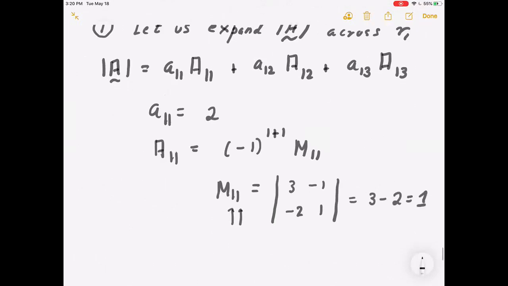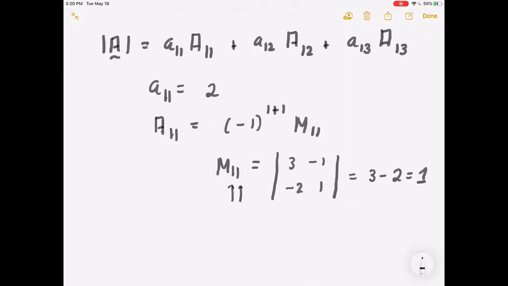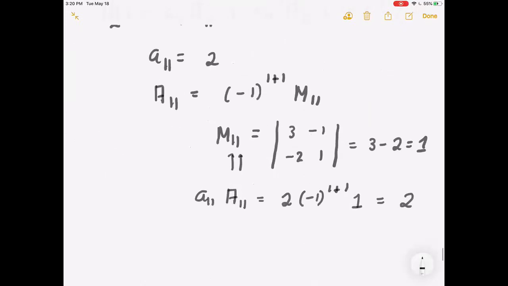It's 1. So the matrix element a sub 1,1 times the cofactor A sub 1,1 is 2 times minus 1 to the 1 plus 1 power times the minor 1, and that equals 2. One down, 2 to go.